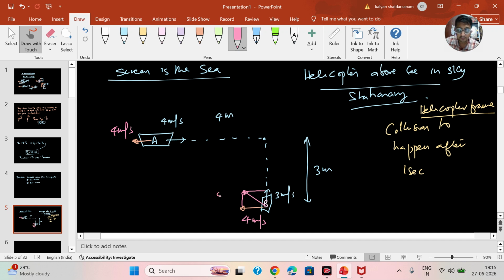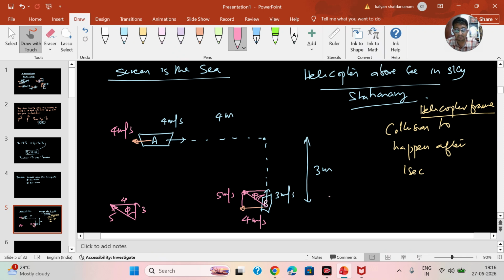But what is this angle? Let's first get that angle: the angle made by the 5 velocity with the 3 velocity. It's a velocity diagram that I am looking at. This is the 3 velocity, this is the 5 velocity, and of course this is 4. So tan phi is 4 by 3, or phi is 53 degrees.